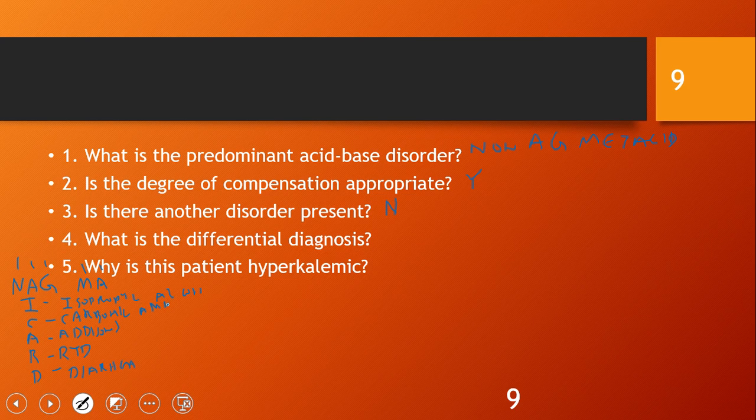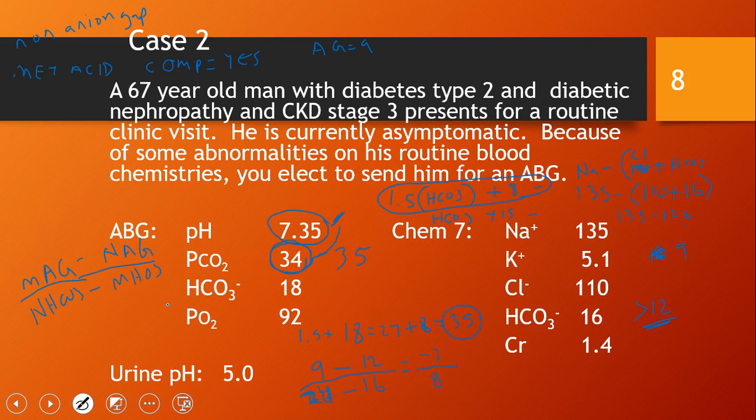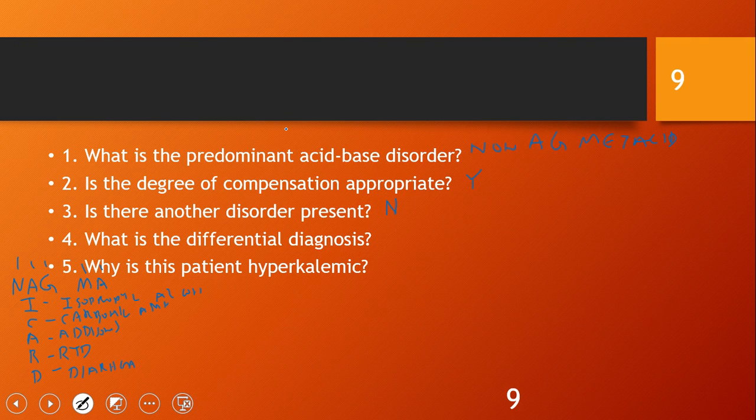So our differential for this guy, since he had diabetes, type 2, diabetic nephropathy, CKD stage 3. Okay, so this guy's probably got diabetes-induced chronic kidney disease. So I'm going to say he's probably got renal tubular acidosis.